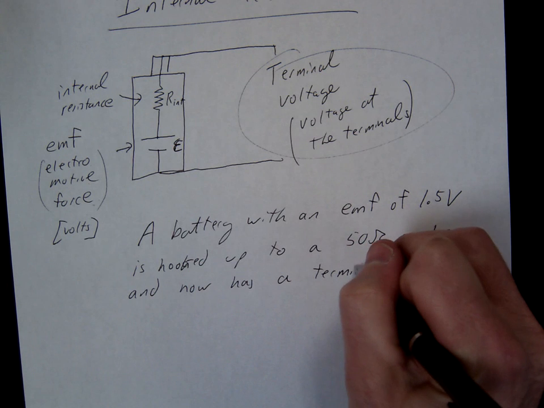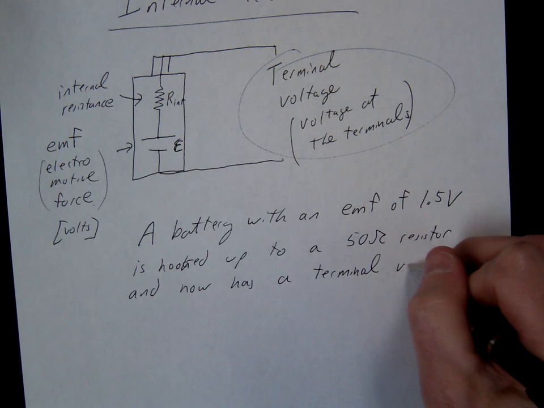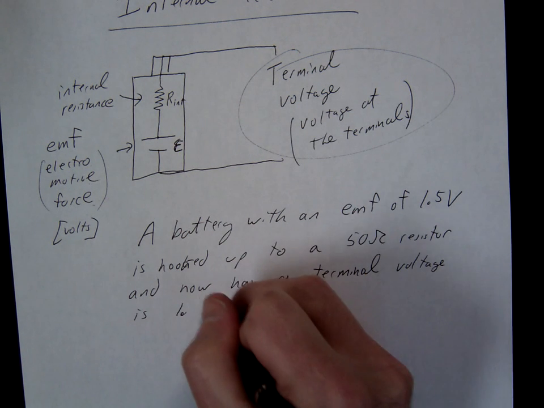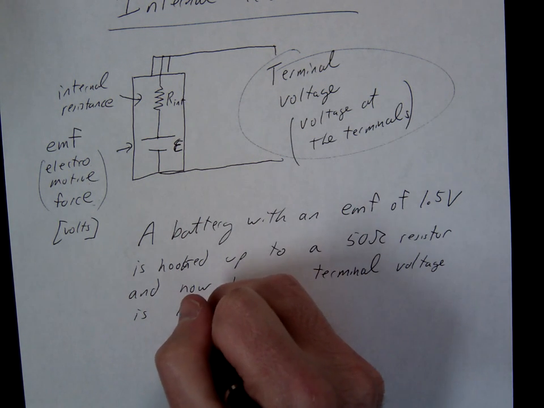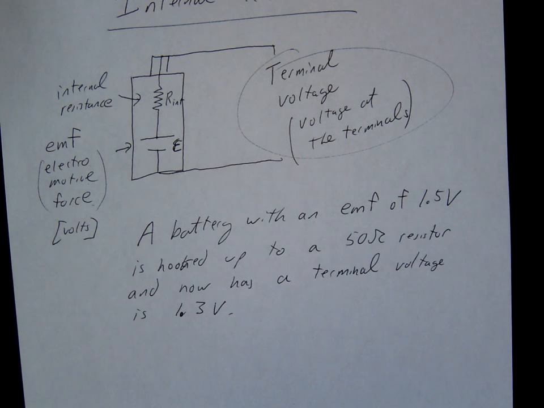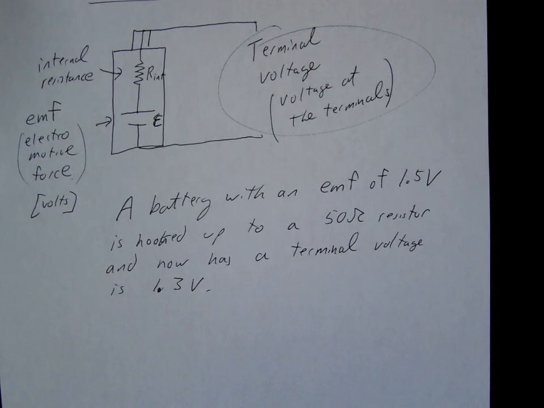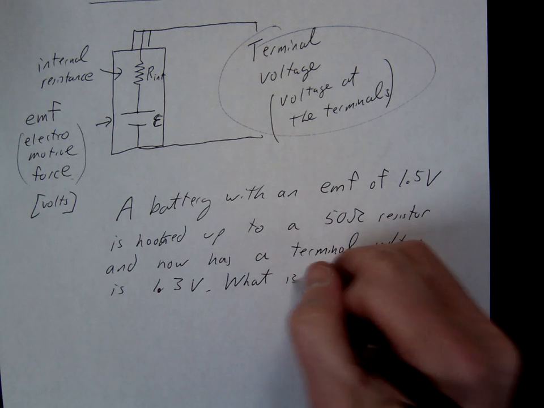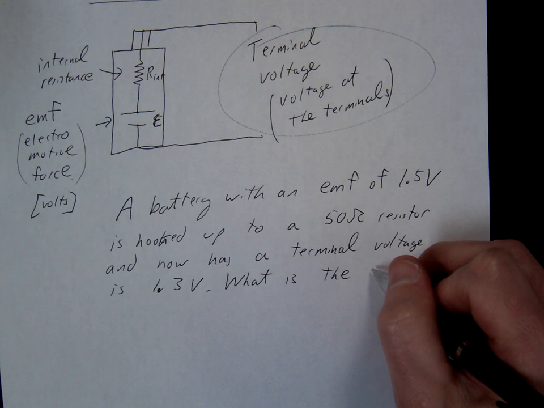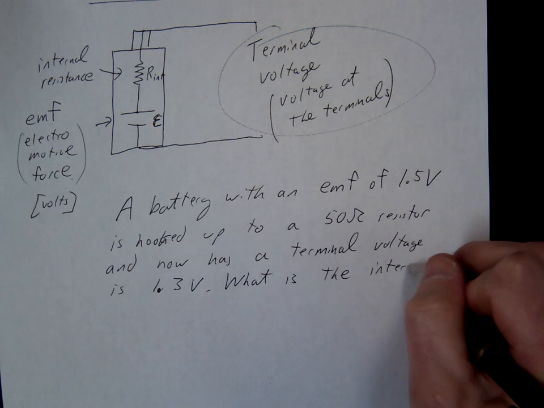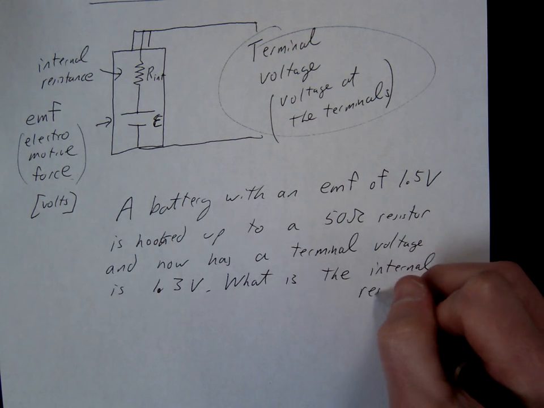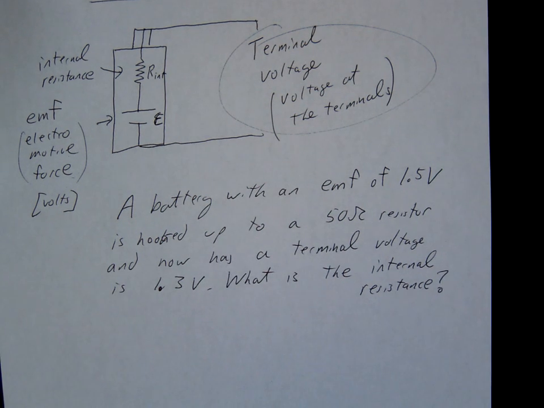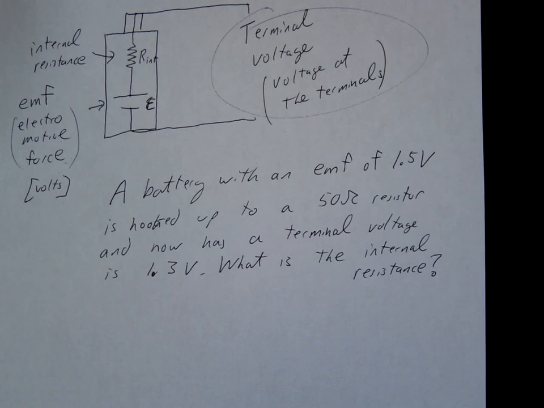And when we hook it up, we find that its terminal voltage is 1.3. So a question I might ask you is, what is the internal resistance? What's the internal resistance of the circuit?